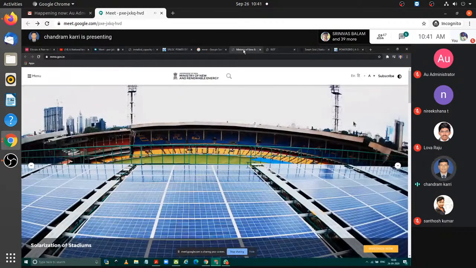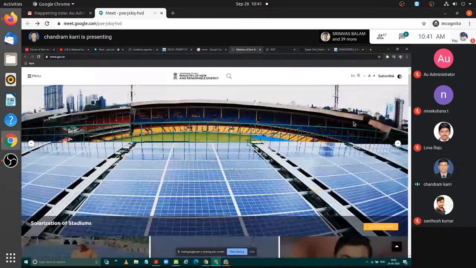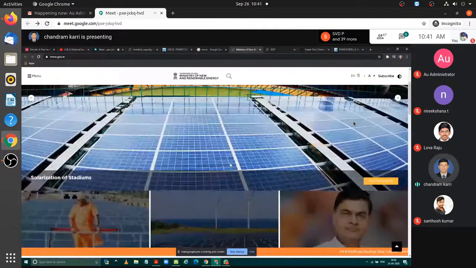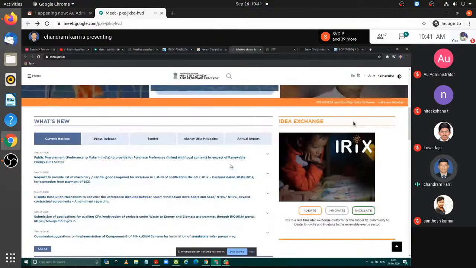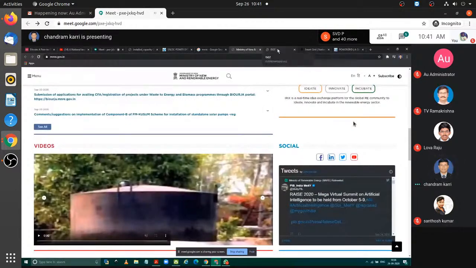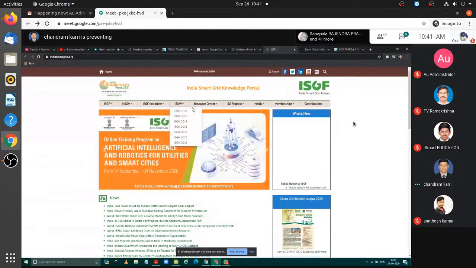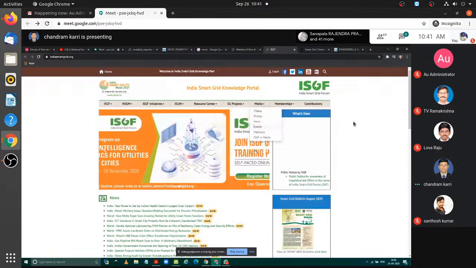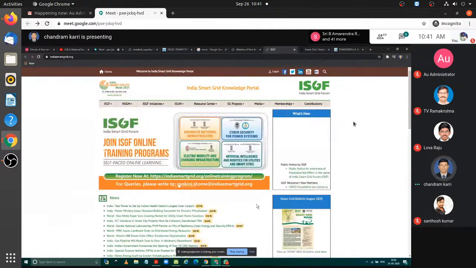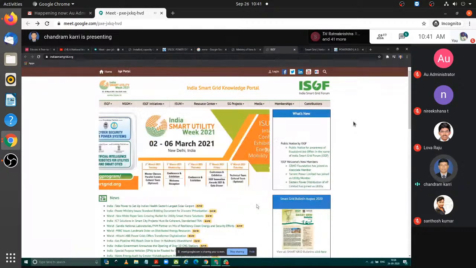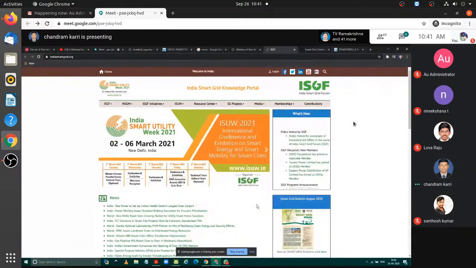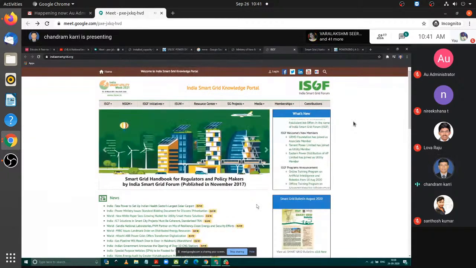Now this is one more development in generation that you can go through, some of the highlights about the development of renewable energy sources. And now coming to Indian smart grid knowledge, how our Indian grid monitoring and control aspects have changed from early 2000 to now. So these are the current developments in smart grid.